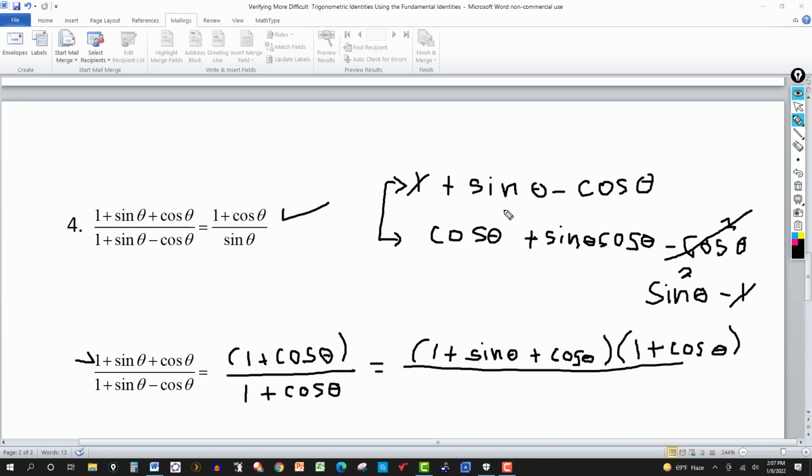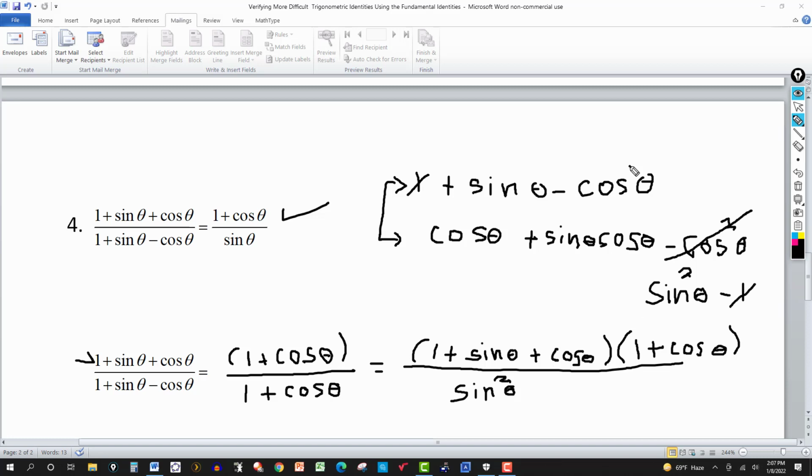So now let's look at what I have up here. The 1's canceled out there, the 1 and the minus 1 over here. So this is going to leave me then with sine squared. All I'm doing here is combining terms. So sine squared.